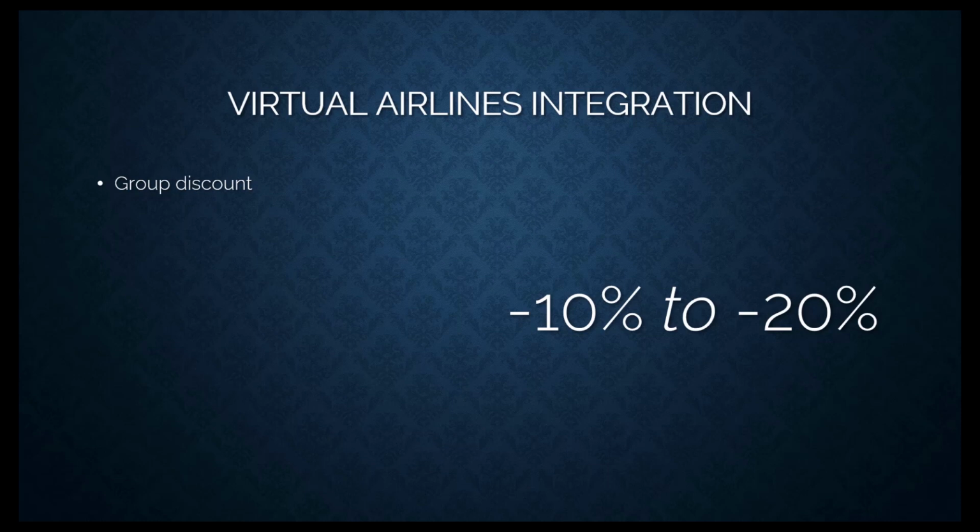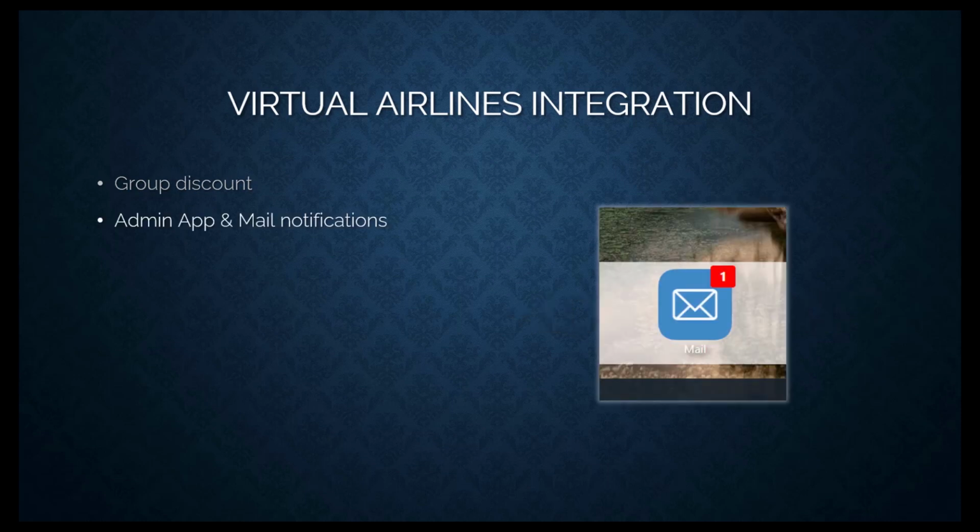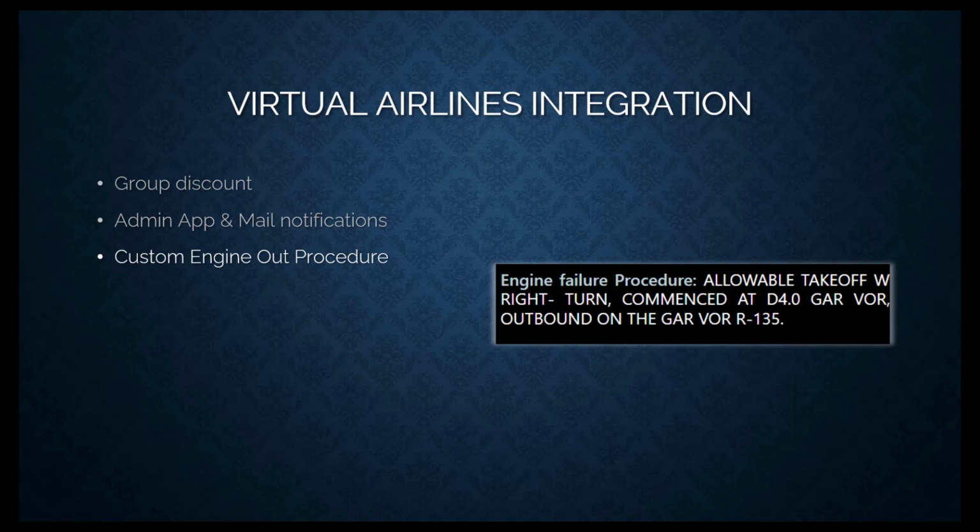As a virtual airline administrator, you will have access to the admin app, from which you can send email notifications to your users. Only your users will have access to the messages sent. You will also be able to add custom engine out procedures linked to your virtual airline.